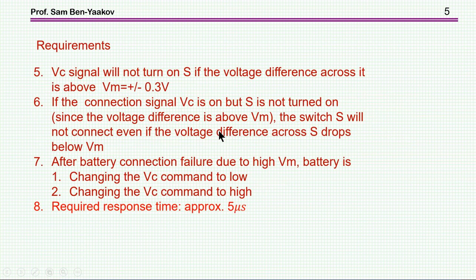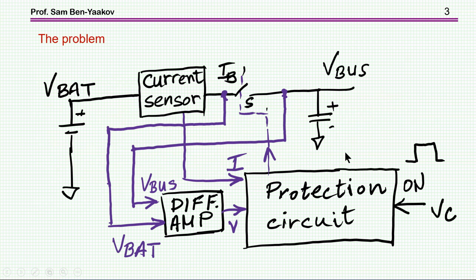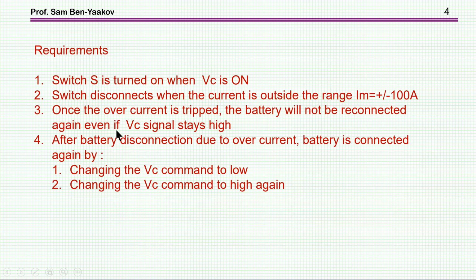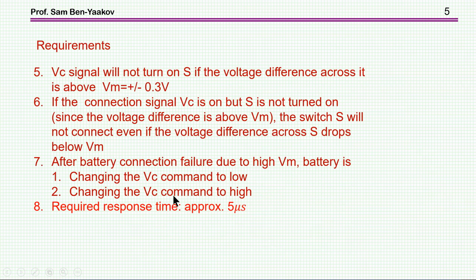That is, if the voltage then drops, either on the bus or the battery, it will not reconnect. In order to reconnect it, you have to change VC to low, and then change it back to high.